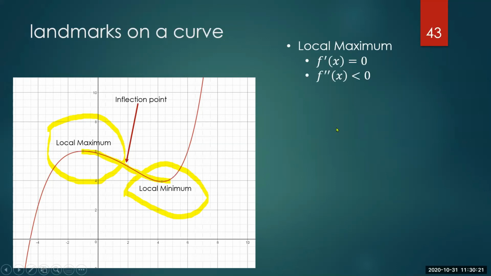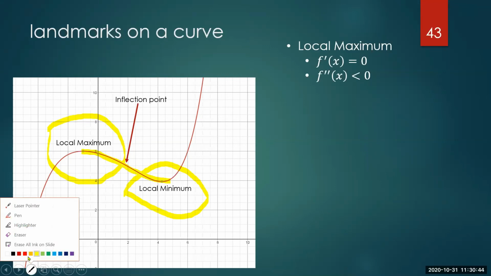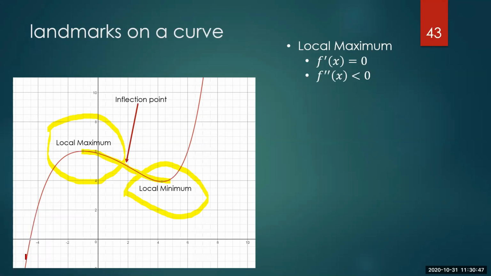at a local maximum point, you have f dash of x is equal to 0, and also f double dash of x is less than 0. So let's talk about the f double dash of x piece. We know f dash of x is the slope. F double dash talks about the rate of change of the slope, and you can see that initially down here, the slope is some very high positive value, and it's falling quite steeply.